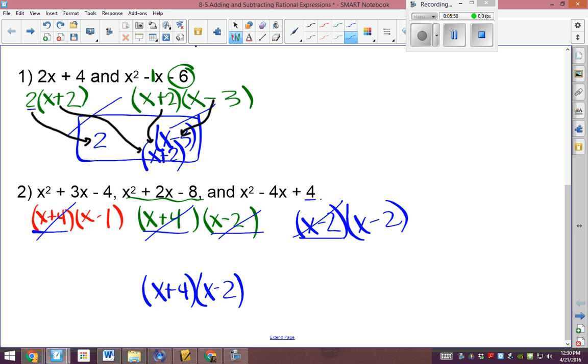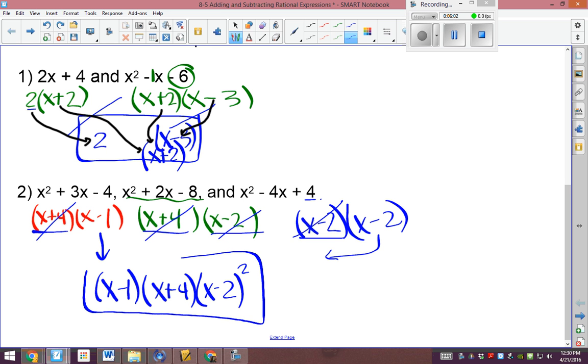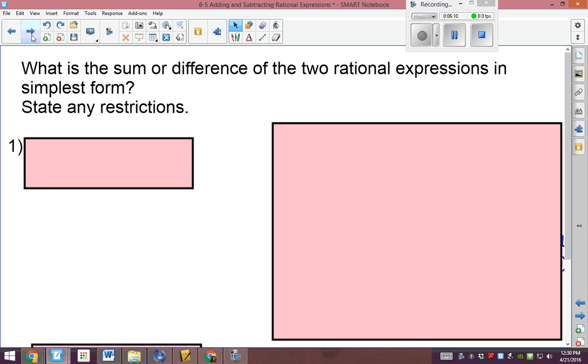And then what have we not used? We haven't used x minus 1 and the other x minus 2. There's 2 x minus 2, so I'm going to do that like this. So that would be the common denominator if those were all in the bottom of the fractions we're adding. Got it.